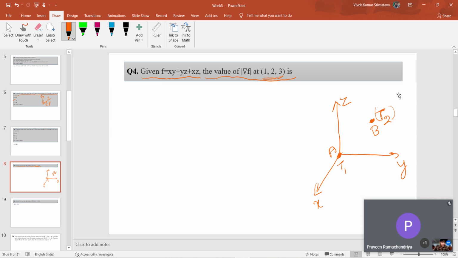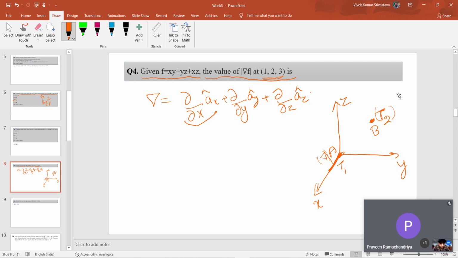So for finding out this point you have to take the gradient of this function f. This gradient is basically represented as del by del x ax plus del by del y ay plus del by del z az. Suppose you are standing here and you want to go here, so first of all you have to see how much distance you have to cover towards the x axis.